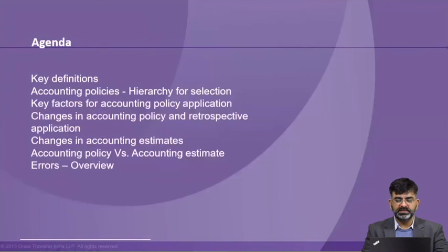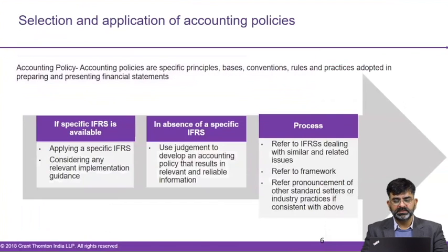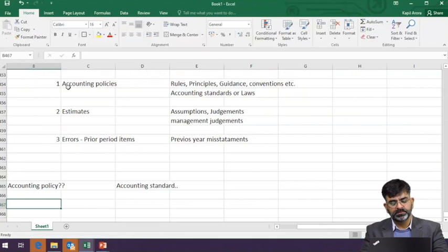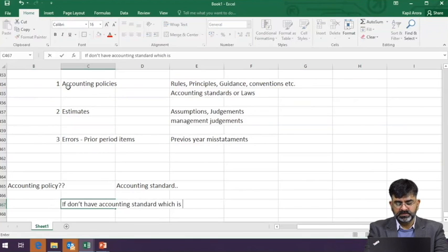Accounting policies are generally found in the accounting standard. But what happens if we don't have an accounting standard which is relevant for that item?